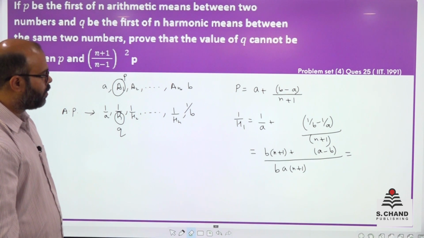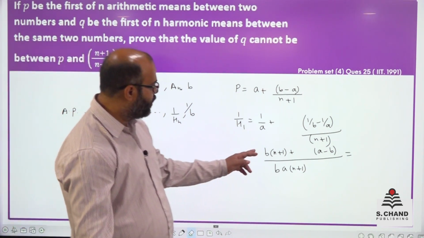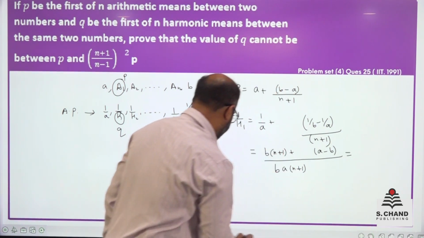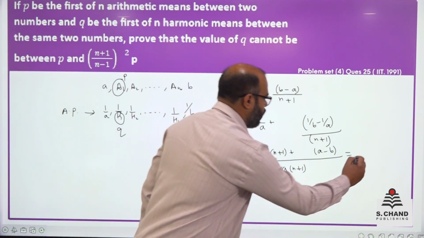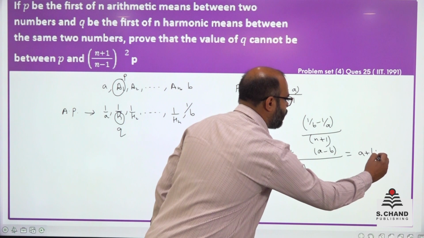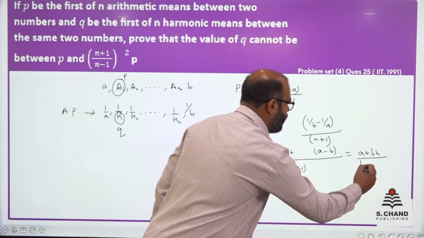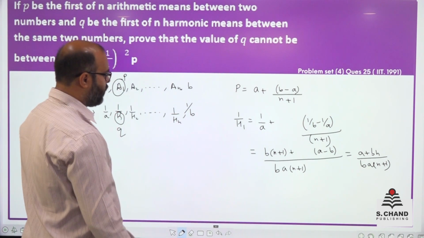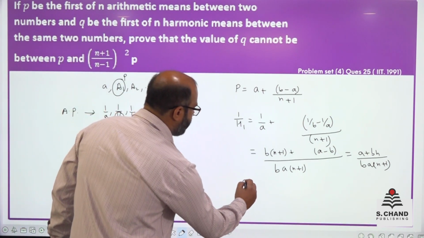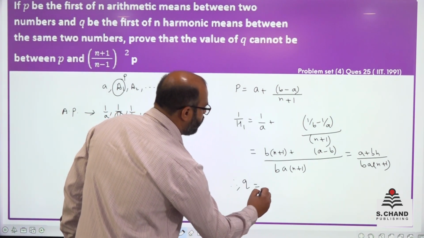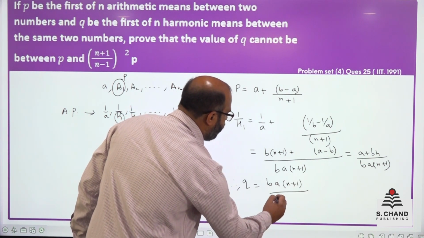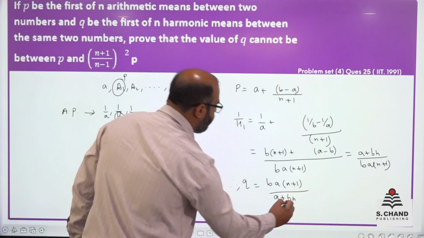When you expand it, the Bn will cancel, and you get Bn plus A. So (A plus Bn) upon BA into (n plus 1). This is 1 by H1. So what is Q? Q is H1. Therefore Q is equal to BA(n+1) upon (A plus Bn).